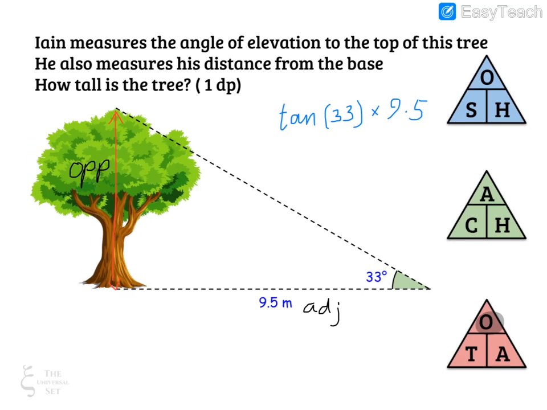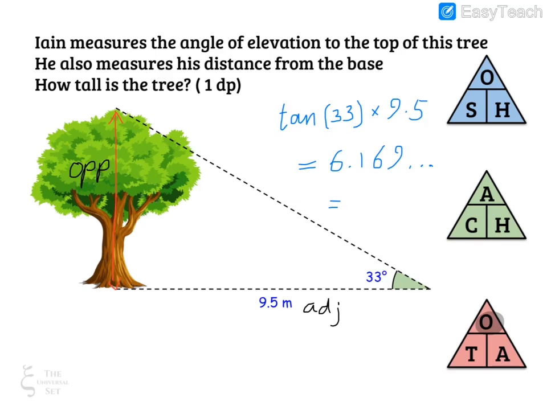I'm going to put that in my calculator then. So we've got tan 33 multiplied by 9.5. I've got 6.169 and a bunch of other stuff after that.